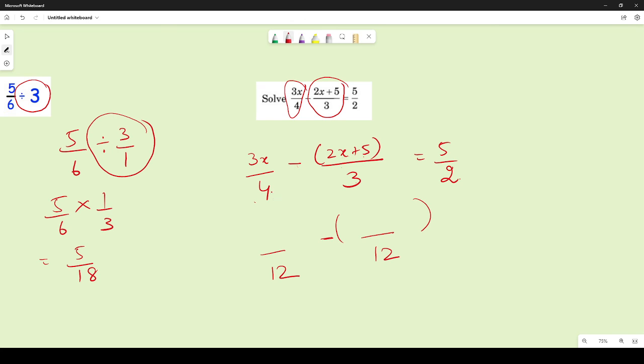We multiply it by 3. So the numerator also will be multiplied by 3. So this becomes 9x. Now how do we change 3 into 12? It is to be multiplied by 4. So this entire numerator should be multiplied by 4. So this actually becomes 8x plus 20 equals to 5 by 2.